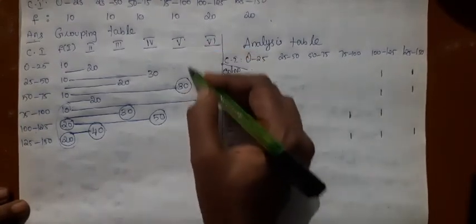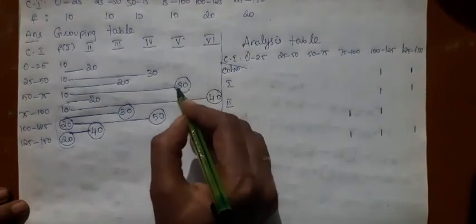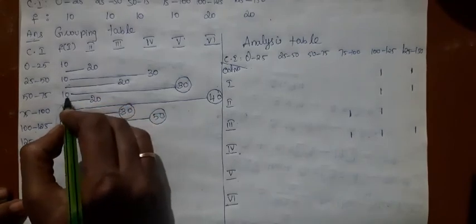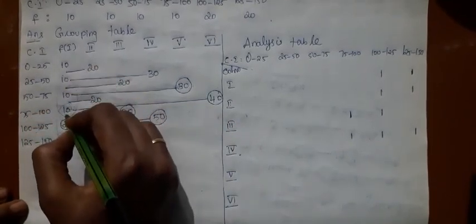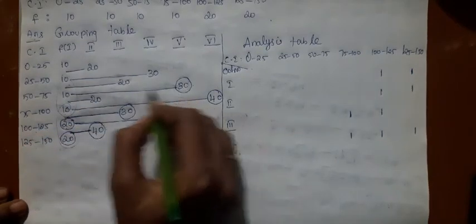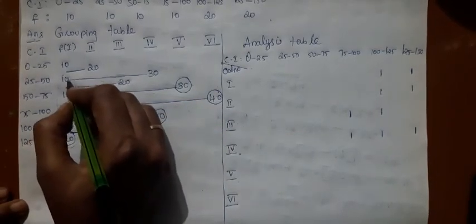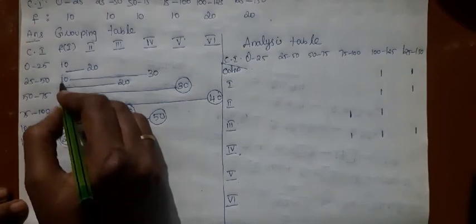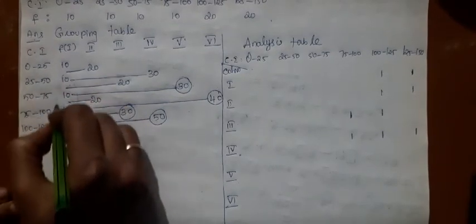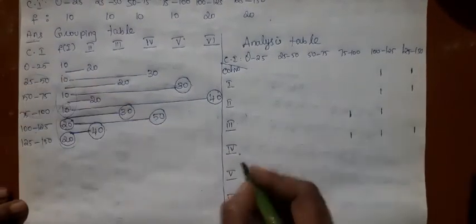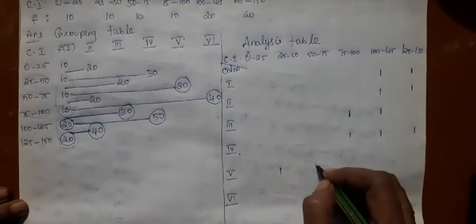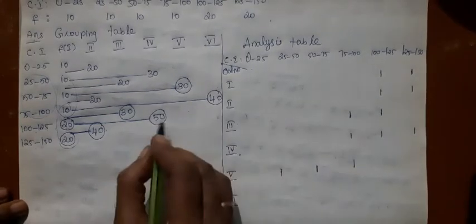In the fifth column, 30 is highlighted and this line corresponds to this 10. It says that you got this 30 by adding these three numbers: the number corresponding to the line, the number above it, and the number below it. So the corresponding classes are 25 to 50, 50 to 75, and 75 to 100.